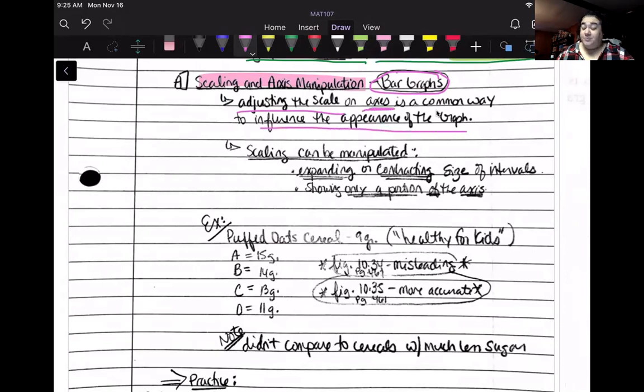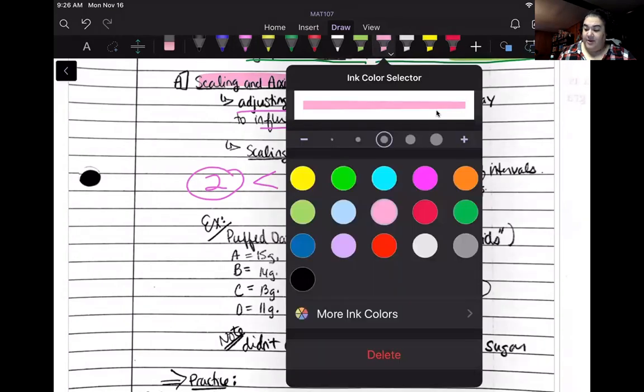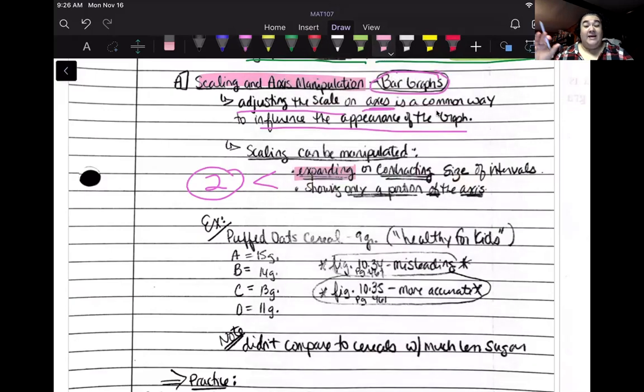Okay, it can be manipulated by the following ways. So you can notice here that there are two ways that we discuss on how we can manipulate it. You can expand that scale, or you can contract the scale or the size between the intervals.